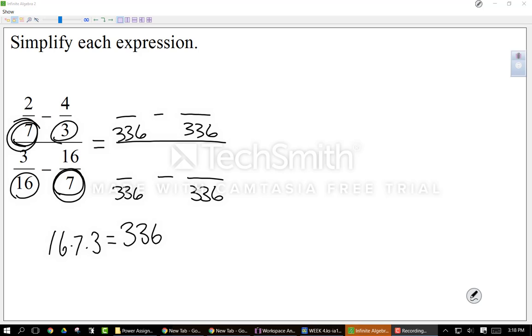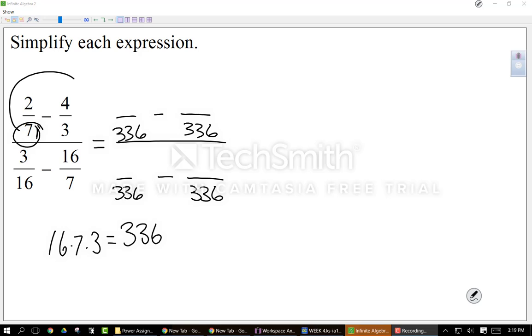And now I want to find the numerator that goes above those 336s. How do I do that? Well, if I look at this 7, what did I multiply 7 by to get 336? Well, I multiplied by 16 and 3.